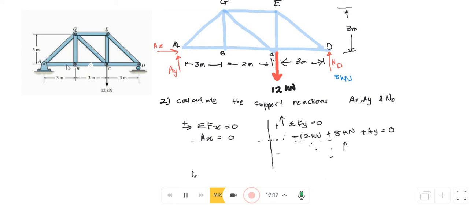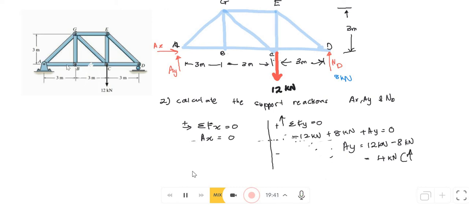So AY equal to 12 kilonewton, minus 8 kilonewton. So it means AY is only 4 kilonewton and it is in right direction.